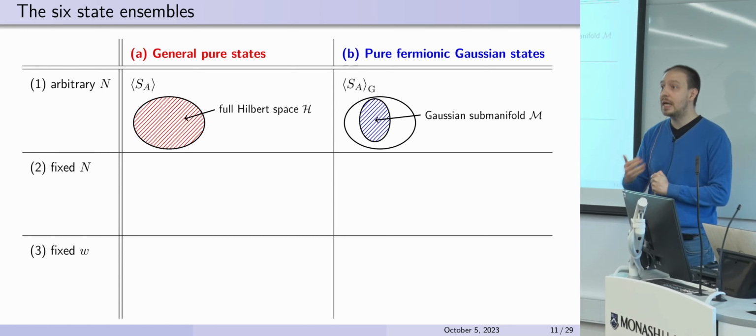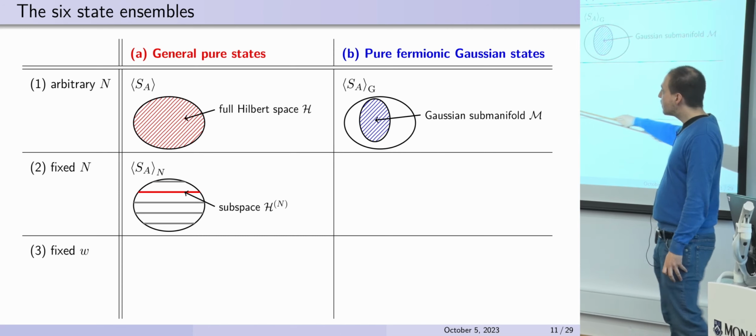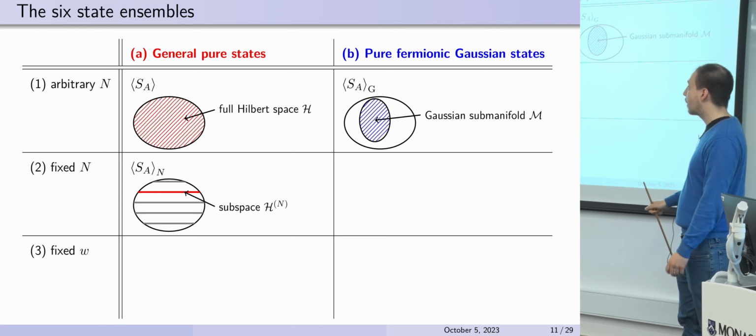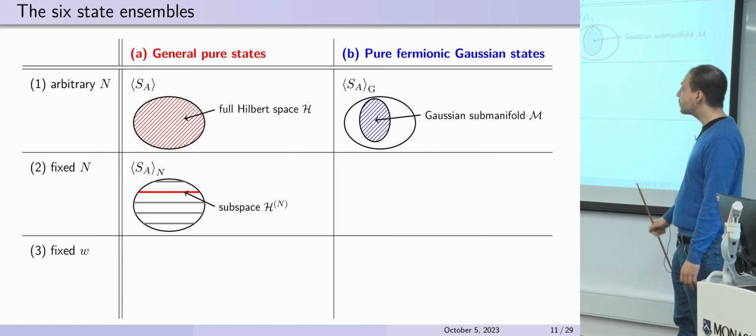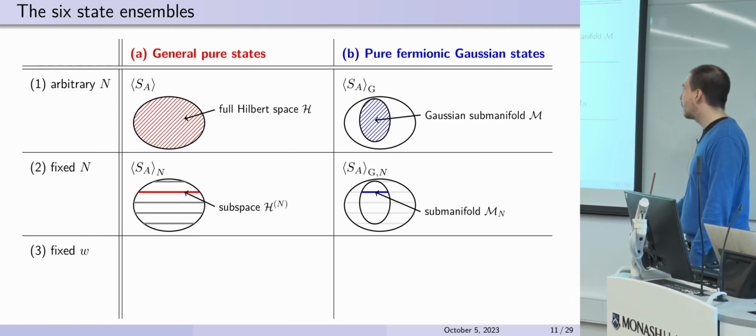It's a subfamily, a submanifold in Hilbert space, and they generally appear as eigenstates of quadratic fermionic Hamiltonians. And then we discussed particle numbers, so we can now also restrict to states in Hilbert space with a fixed particle number. And of course, we can intersect the two and restrict to fermionic Gaussian states with a fixed particle number.